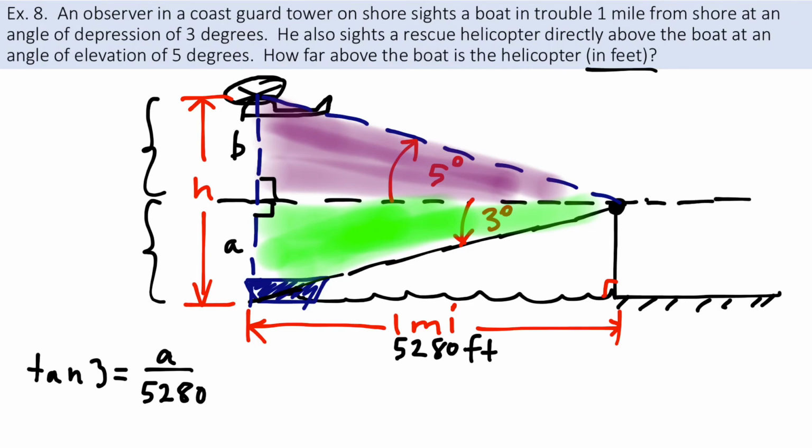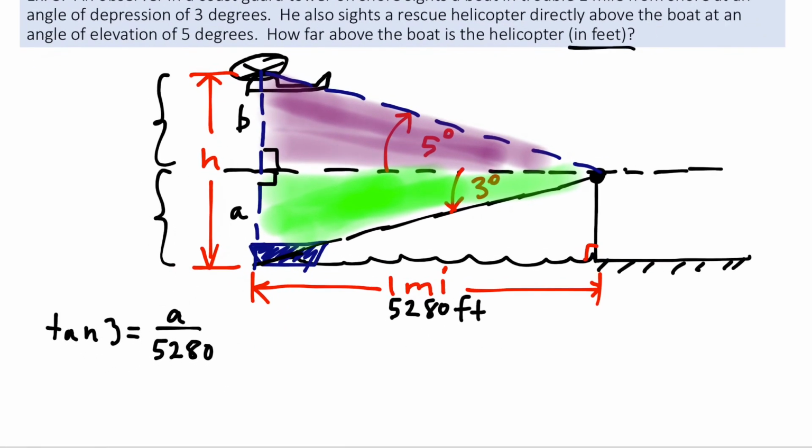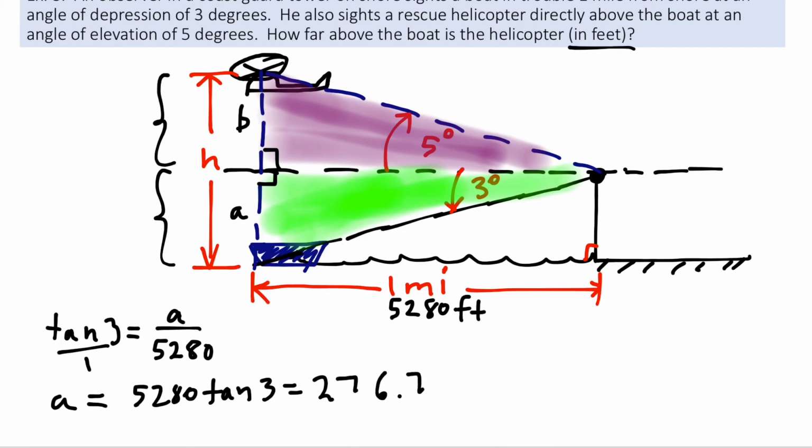So A times 1, which is just A, is equal to 5,280 tan 3. If I punch that in the calculator, I get 276.713 feet.